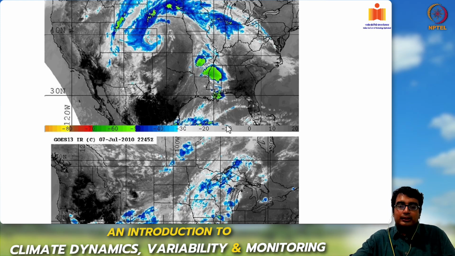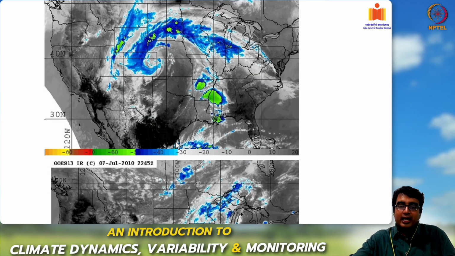The temperatures start from 20 degrees, which is basically the land surface, then 10 degrees, going to -10, -20, and then light blue and dark blue are -30 and -40. These are primarily low-lying clouds. So, this white region is low-lying clouds because the cloud top temperature is less cold.